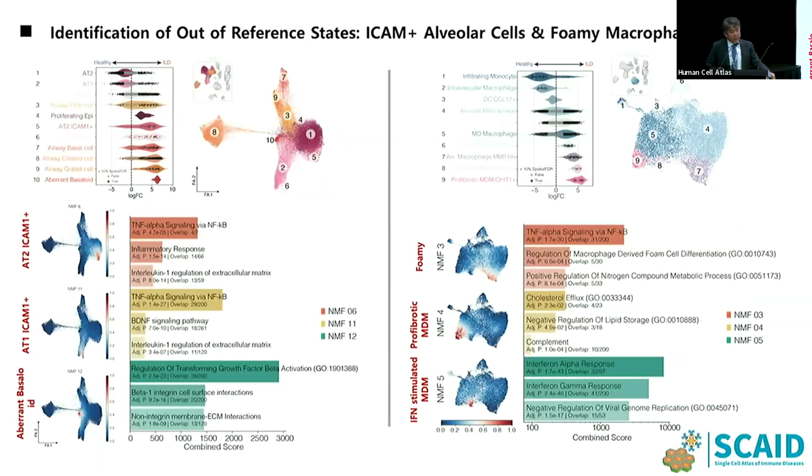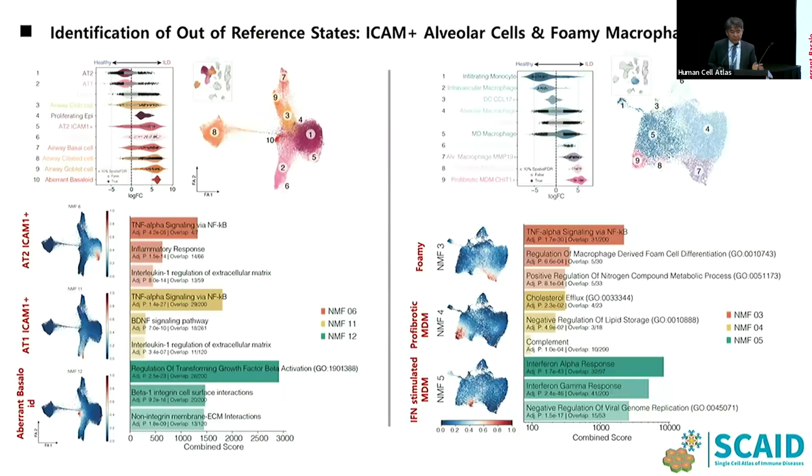And from the left side, among these epithelial cells, in addition to the already known aberrant basaloid, we found that ICAM1 positive, 81 and 82, have some different features from the references, the control data.